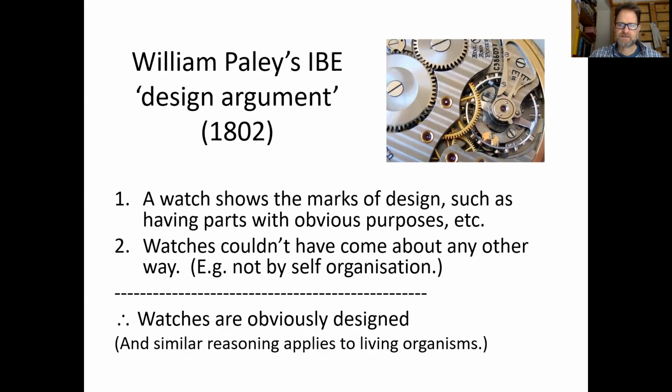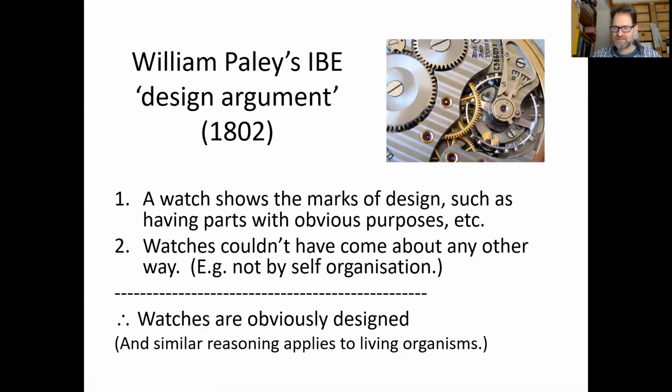In the book, Paley starts by thinking about what happens if you're wandering through the woods and you find a watch. I've got a picture of the inside of a watch here. Imagine you crack open this watch and that's what you see inside. These things, he says, are obviously designed. They have function.